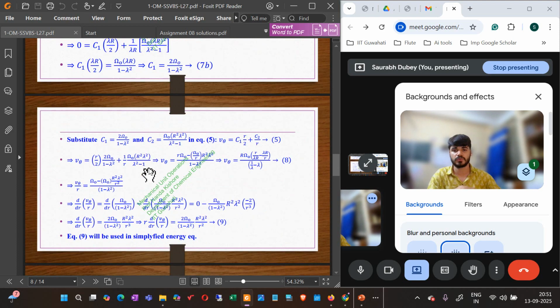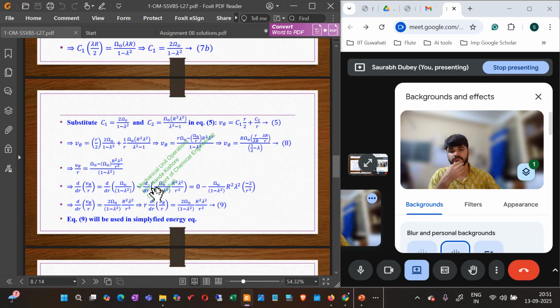Okay, so V theta comes out like this, right? Now you see that this V theta is a function of R omega, right? And then this ratio between the two radii is also coming up in the picture. Okay.